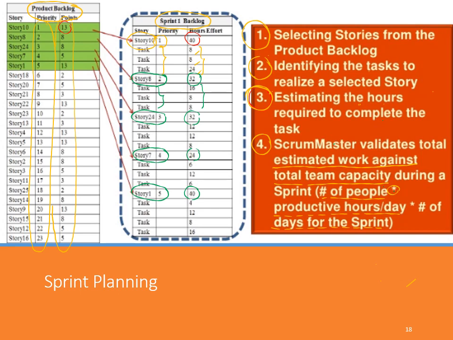So this is the way, and you should try to use a similar way when you plan your own sprint in the team as well. And again, don't worry, the very first time of making estimations, you will make mistakes.